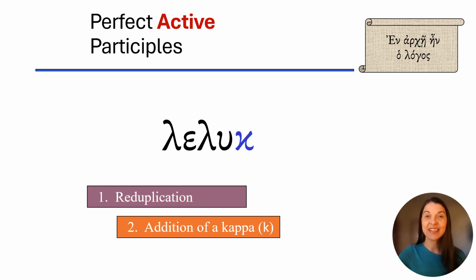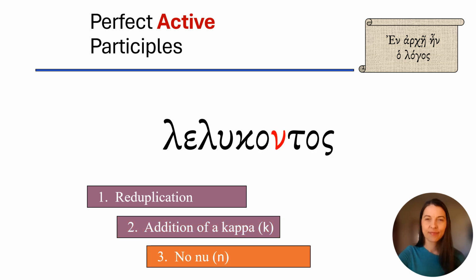Then you're going to see the addition of that stem formative kappa. However, you're not going to see the same ont stem. You're not going to have a nu in this participle. So your participle marker will be the kot, the kappa omicron tau, without the nu.